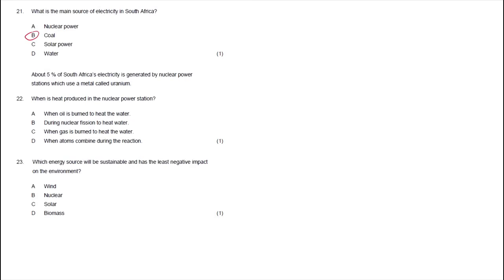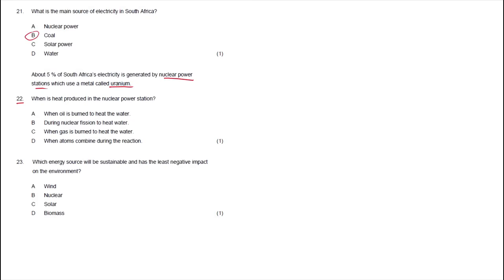And then next we will move to question 22. So here we are told that about 5% of South Africa's electricity is generated by nuclear power stations, which use a metal called uranium.